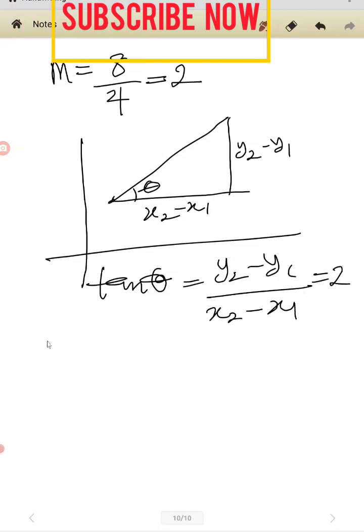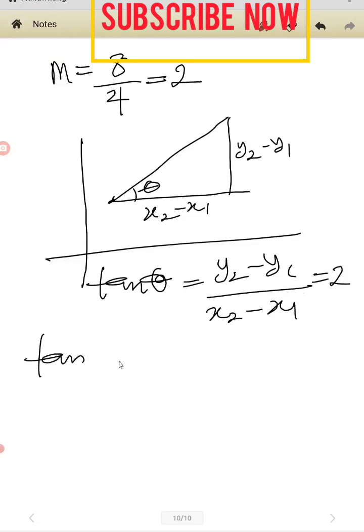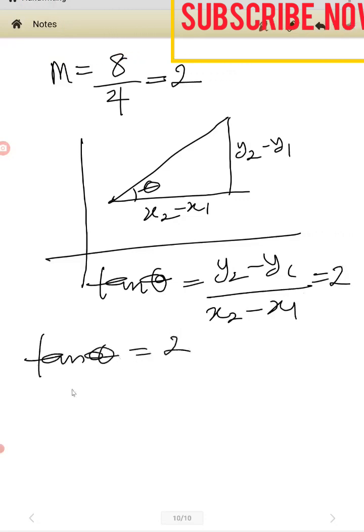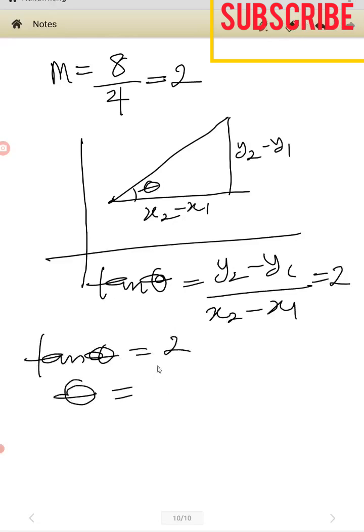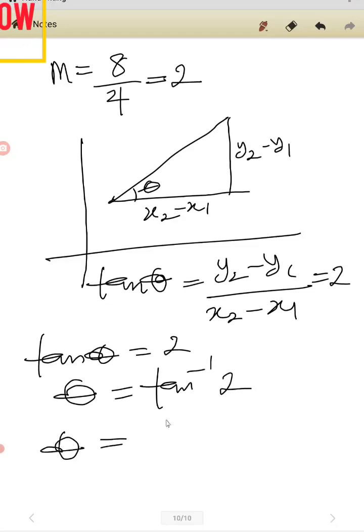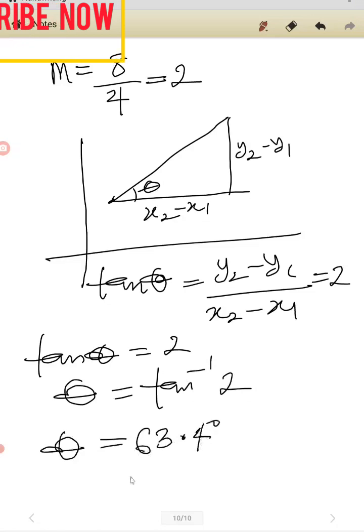So therefore, you now say tan theta is equal to 2. So theta is equal to arc tan 2. By the time you press your calculator to find the inverse function of tan, our final answer will be 63.4 degrees.